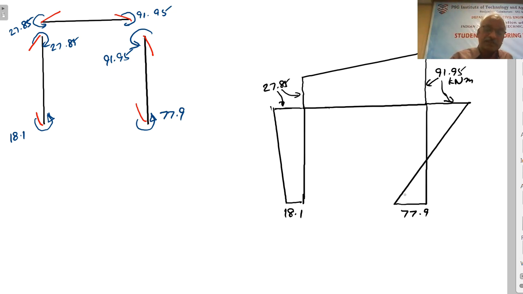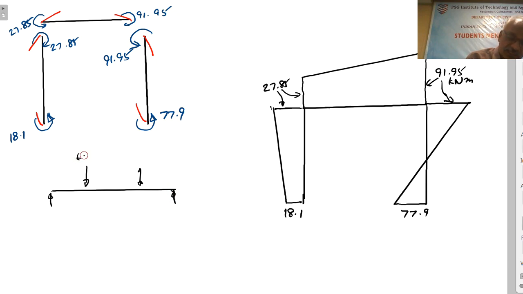Then we calculate the simply supported moment diagram. It is a simply supported beam with 2 point loads, 60 here, 60 here. The reaction will be 60 here because it is symmetrically loaded, and therefore the reaction here will also be 60. This is 2 meters, 2 meters, 2 meters.